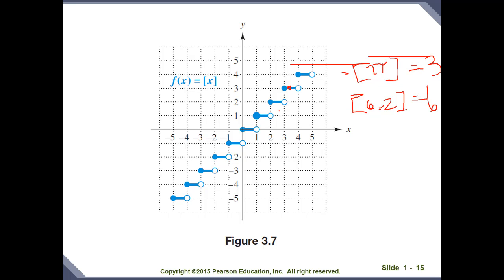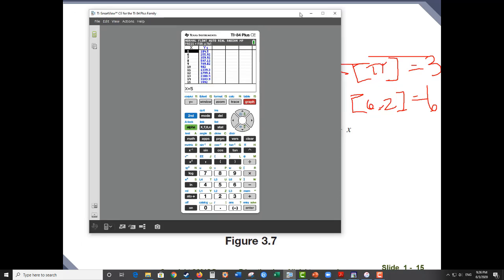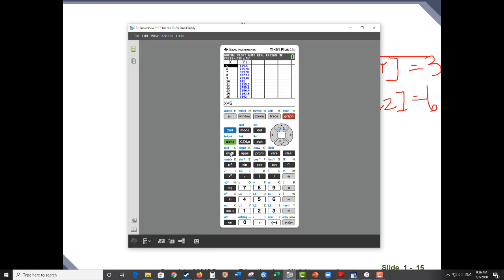There are ways to get the greatest integer function on calculators. So it's found under the math function. And if we go to number or num and choose int, whoops, I have to do it from the main screen though. There we go.